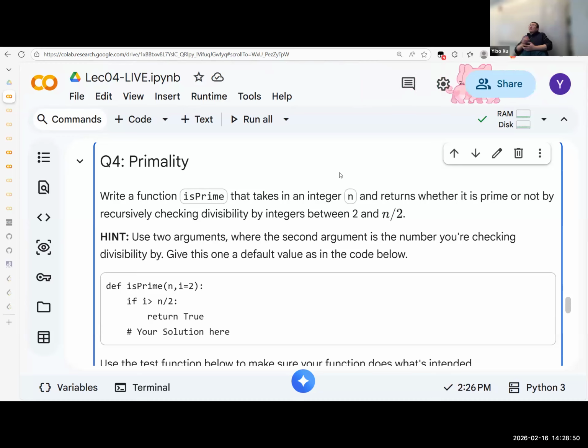Let's say 5 squared, 25. You need to try 2, 3, 4, 5. Then okay, 5, so it's not prime. You do need to have a few trials to get to the conclusion.